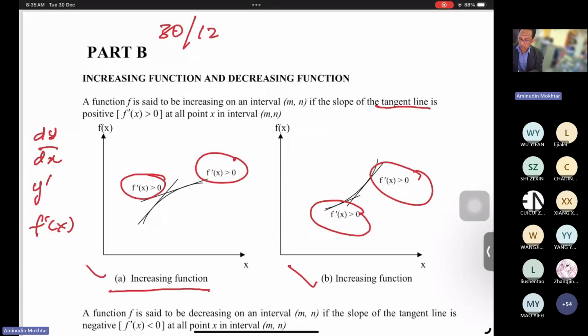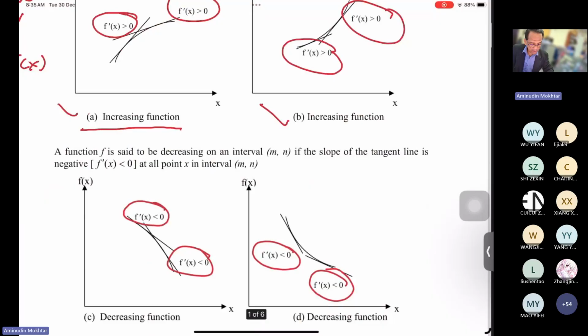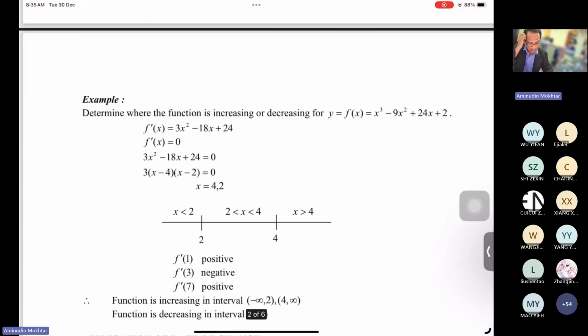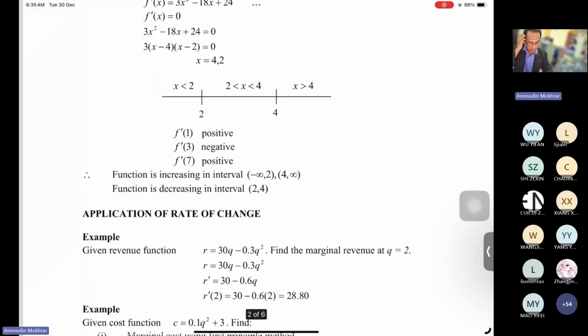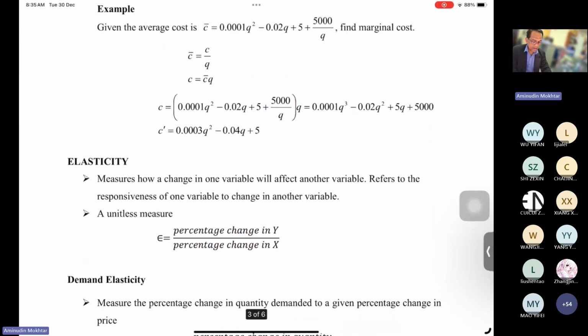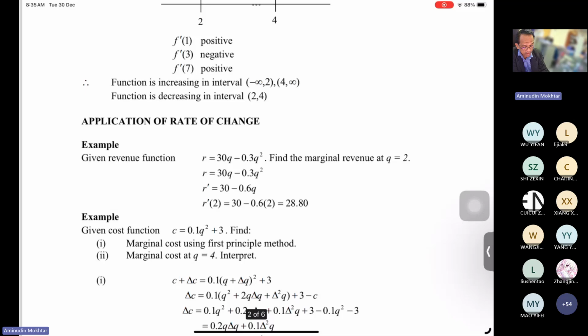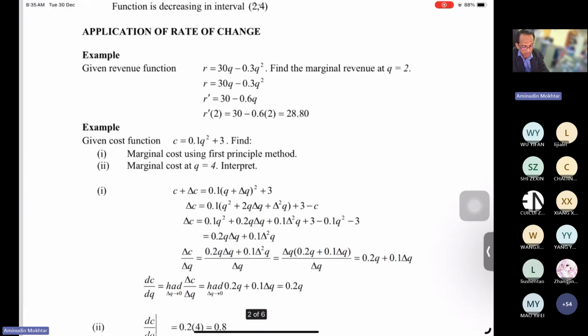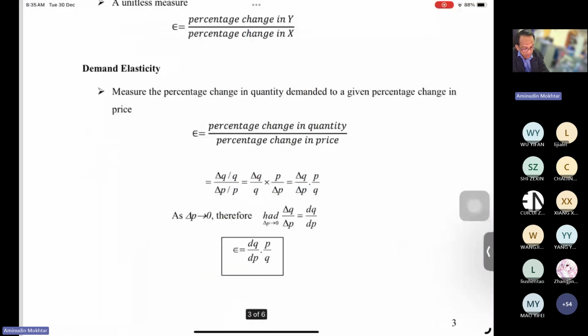Before I continue, for today the next topic is the application of differentiation in terms of the chain, marginal revenue, or elasticity.